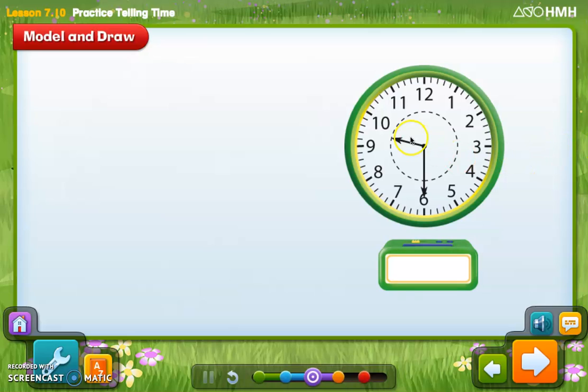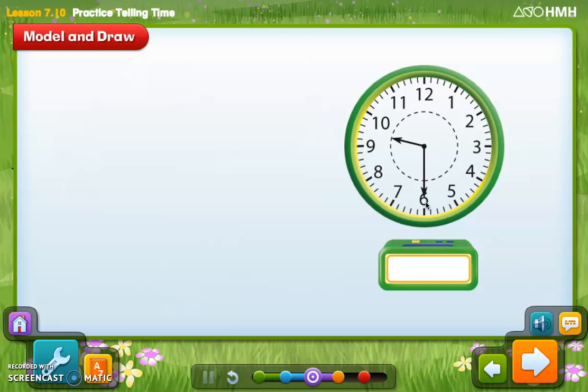So let's talk about this one for a second. The hour hand is pointing in between the 9 and the 10. So we know that the hour is going to be 9. And then we're going to count the minute hand. We're going to count by 5s all the way to 6. So 5, 10, 15, 20, 25, 30.